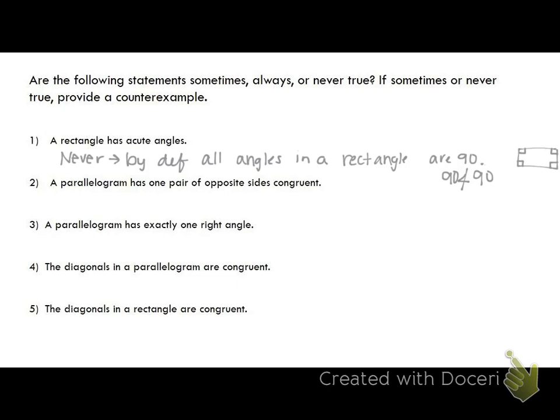A parallelogram has one pair of opposite sides congruent. Sometimes, always, or never. Sometimes. So, okay, let's think about this. This is a parallelogram.